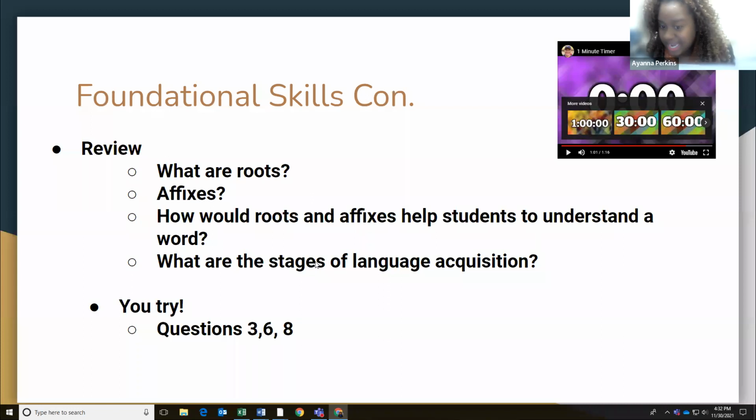How would roots and affixes help students to understand a word? Well, there's different affixes, so they can kind of put that on the root words. And it's just kind of like, I guess, recognizing the different words, if that makes sense. Yes, thank you so much, Sarah.